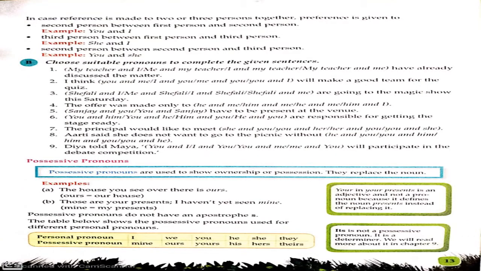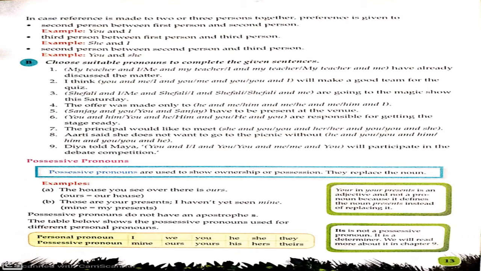Now here you can see, in case reference is made to two or three persons together, then the second person comes before the first person. Example, you and I. These things you have to keep in mind. It is very important.